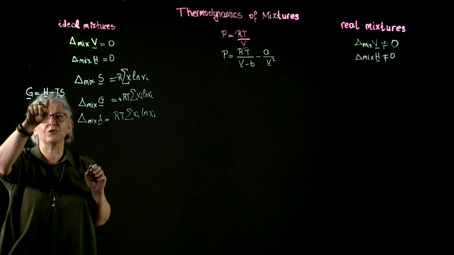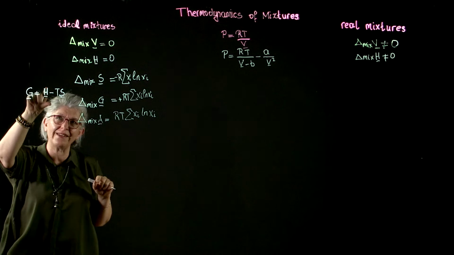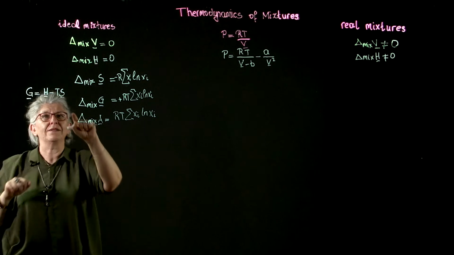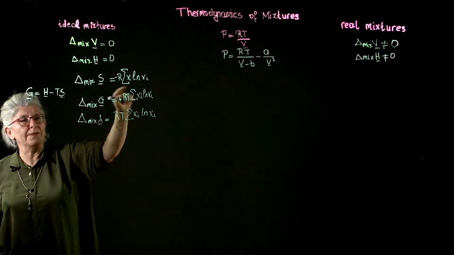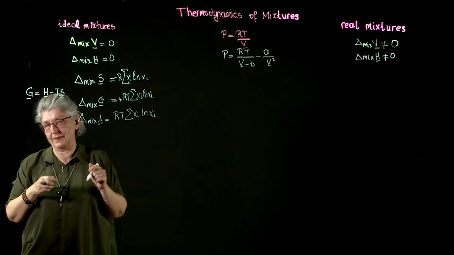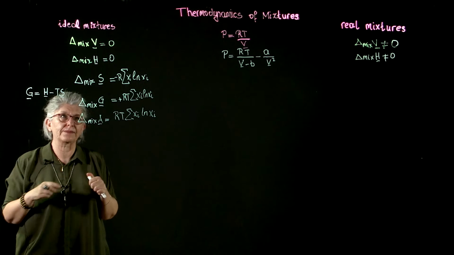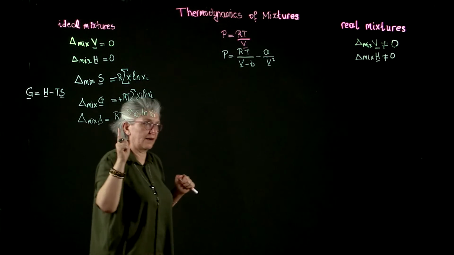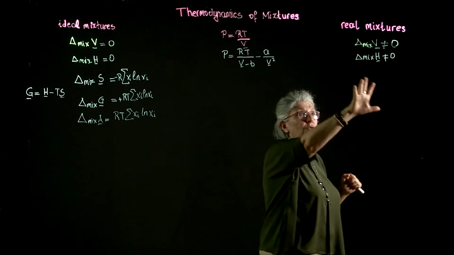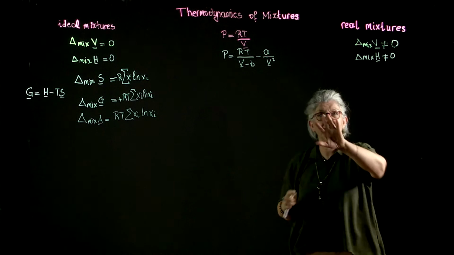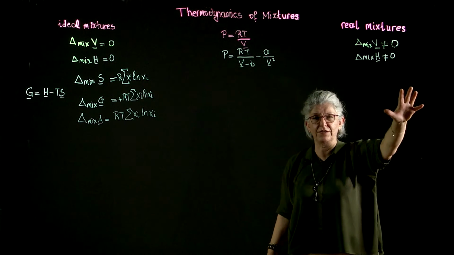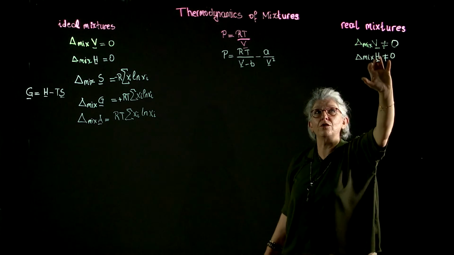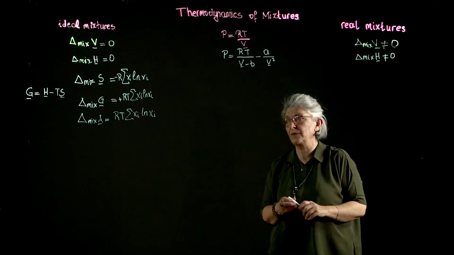So even though we don't have any enthalpy change, because our mixture is ideal, we're going to have a change in entropy, which is reflected in the Gibbs free energy. And these are going to be, of course, reflected here with the additional effects coming through volume change and enthalpy change.